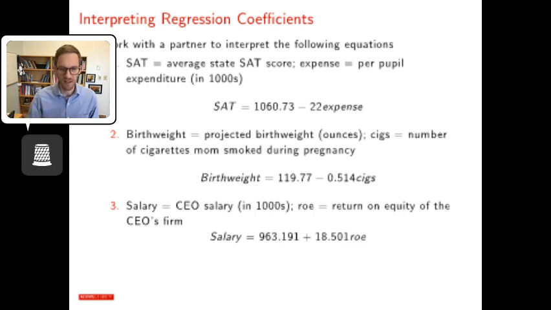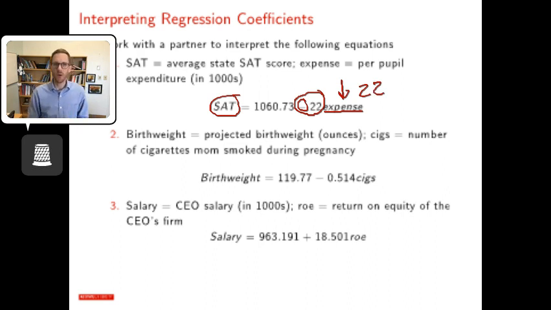What it's saying is that for every unit increase in expense, so for every additional $1,000 that I spend on students, my average SAT score is going to go down by 22 points, which doesn't seem right, does it?